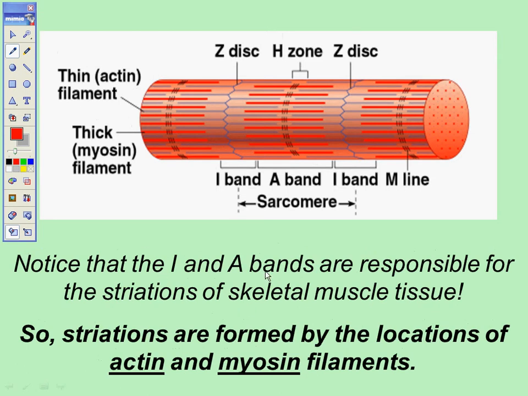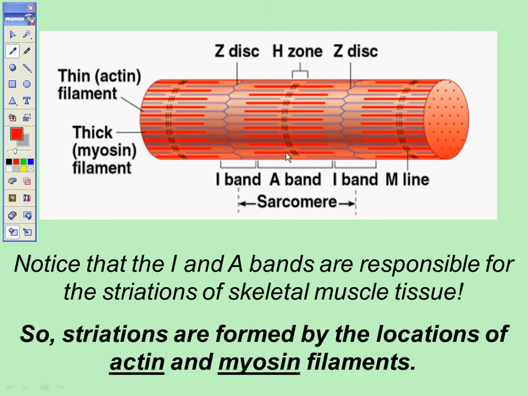It says, notice that the I and A bands are responsible for the striations of skeletal muscle tissue. When we took a look at this stuff in the tissues unit, and we took a look at skeletal muscle, we saw that those are striated. This is the reason that those muscles are striated. You've got a light band here due to the presence of only actin filament. You've got dark bands here due to the presence of both actin and myosin.